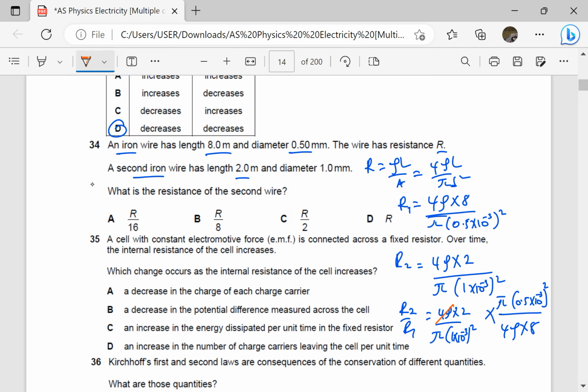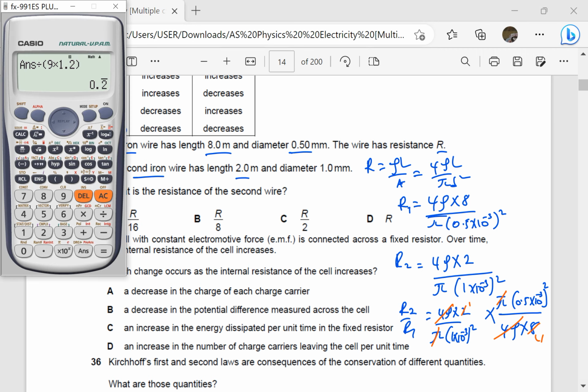So 4 rho cancels, pi cancels. This was 4 rho times 2, so I have 2 by 80, 1 by 40. I will just press my calculator.